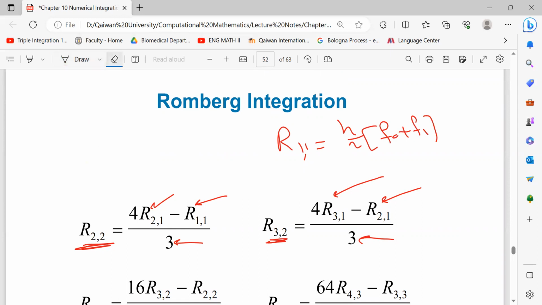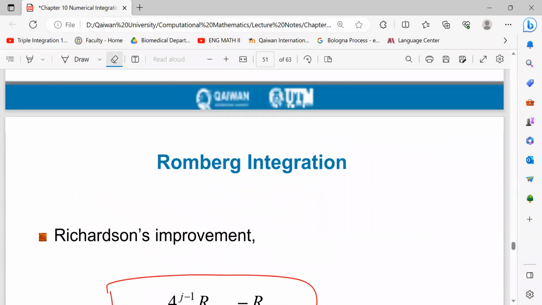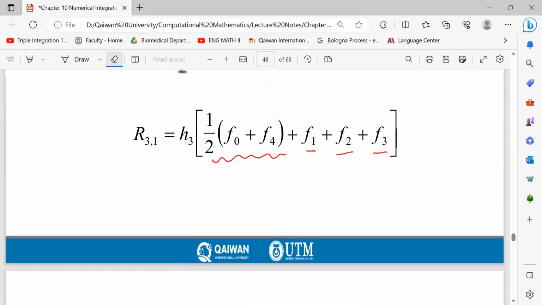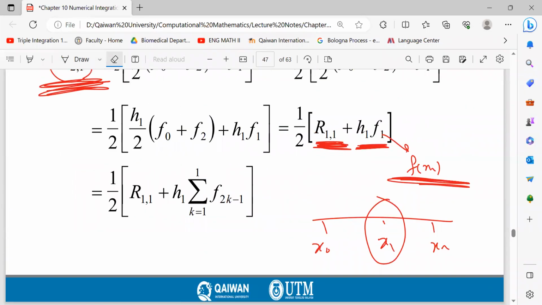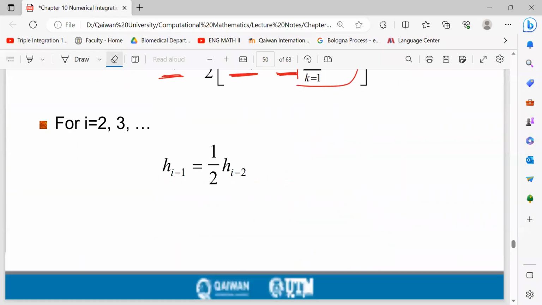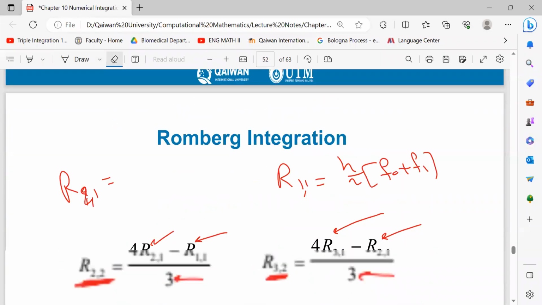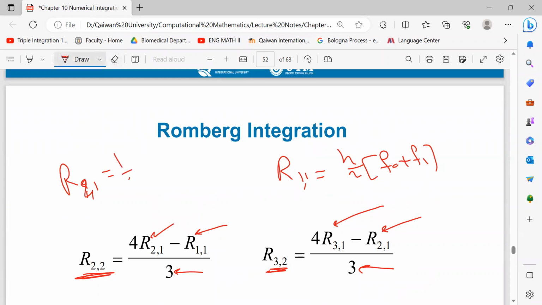R21, let me check, it's a half R11 plus H F1.